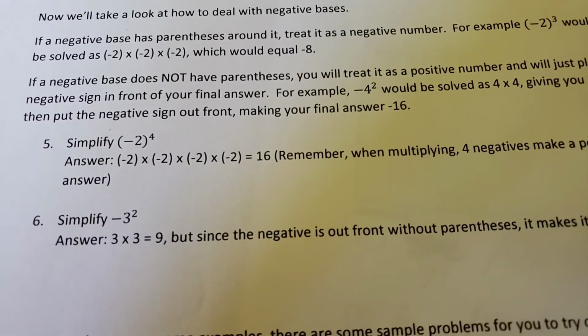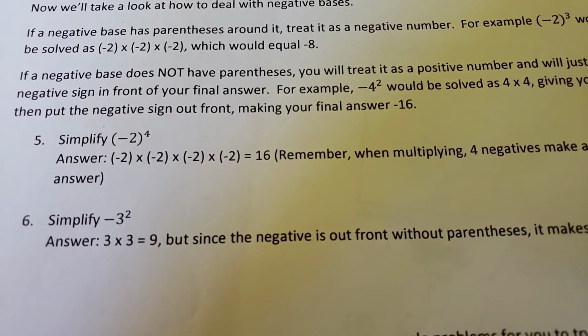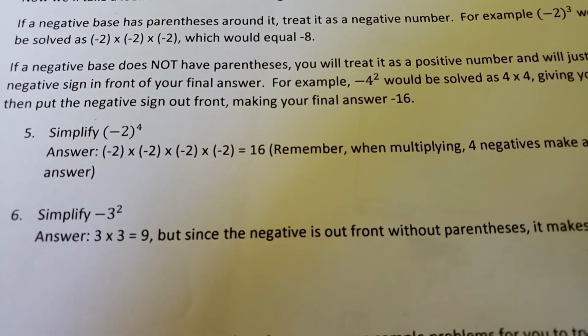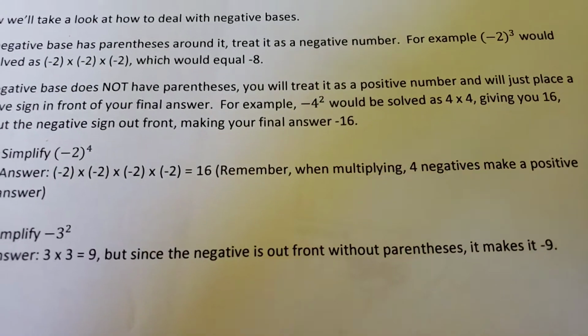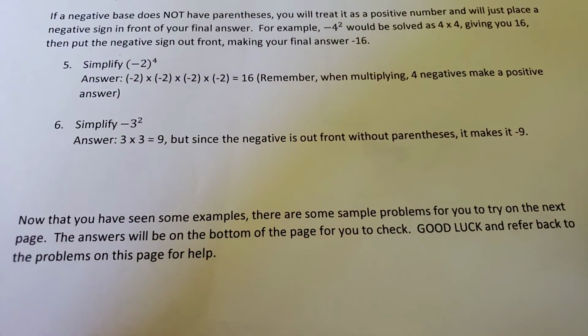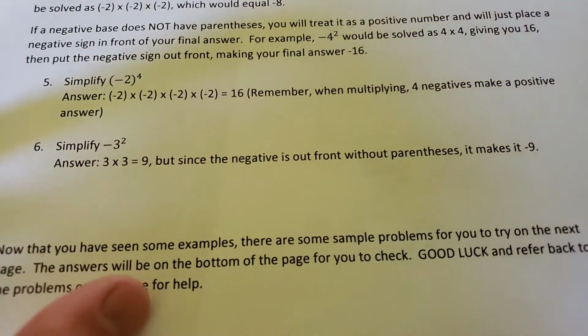Now, number 6 does not have parentheses, so we're considering that just a regular 3 until the very end. So negative, and it's got 3 squared, we treat it like 3 times 3 equals 9, but since the negative's out front without parentheses, it makes it a negative 9. All right, so those are some examples. Hopefully you have some good luck on the next few problems if you want to take a look at these samples, and we'll go from there.